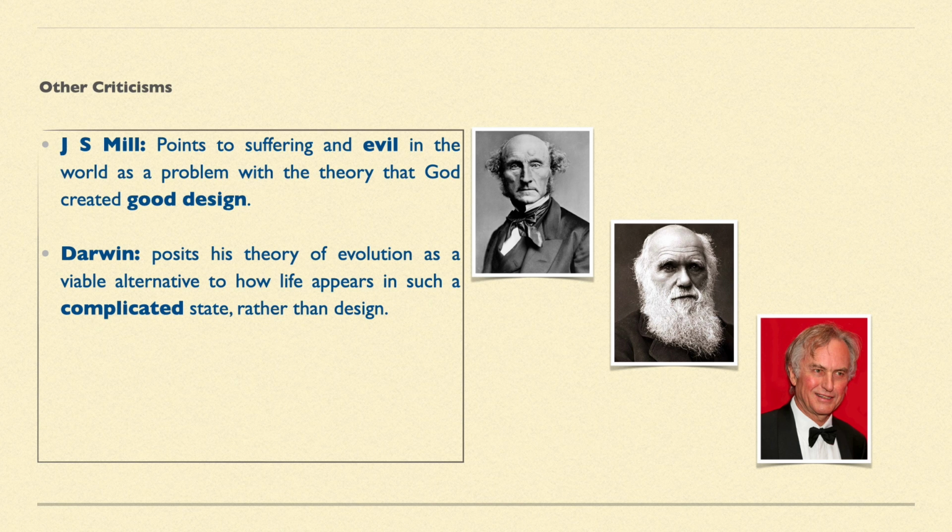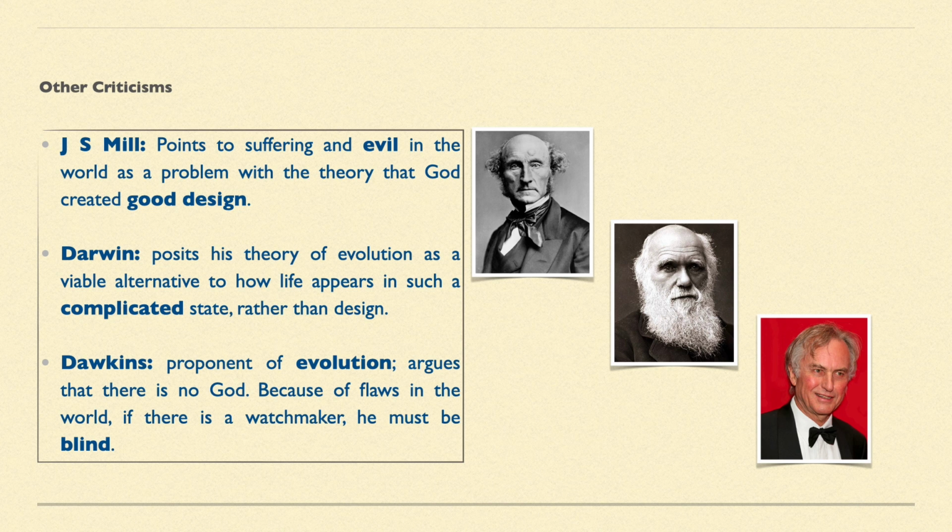And finally, the famous Oxford professor, Richard Dawkins, and he is a proponent of evolution, and building upon Charles Darwin, argues that there is no God. And he says there are flaws in this world, because if there were a watchmaker, then he must be blind to have designed this.